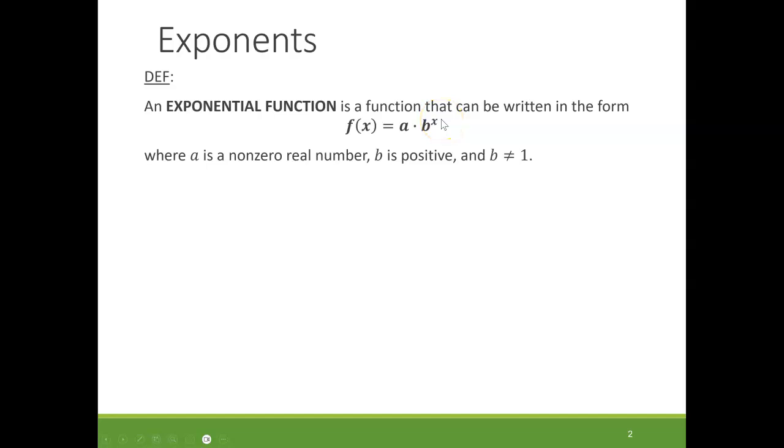Specifically, it could be fractions with even denominators, which is like an even root. If I take the square root of a negative, or any even root, that's an imaginary result. It's undefined. So this thing would have infinitely many discontinuities, and it's just a gigantic mess, and we don't want to deal with that either. So that's why those extra criteria are there: b has to be greater than 0 and not 1.